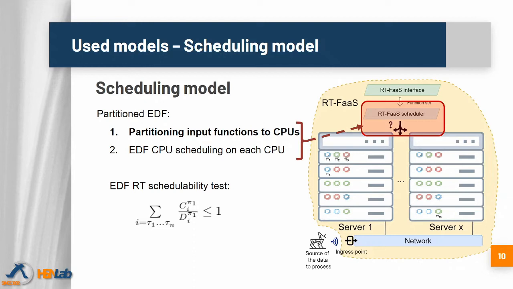First, we have to assign the functions to the processors, which will be a static configuration. So if we determine, for example, that task 1 will be assigned to CPU A, it means that only CPU A has the right to execute task 1. And second, on each CPU, we use a separate EDF scheduler.